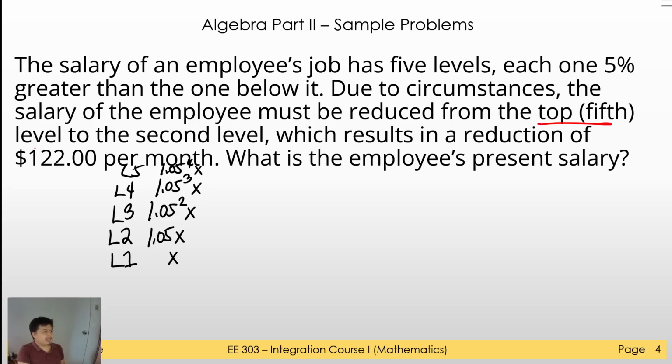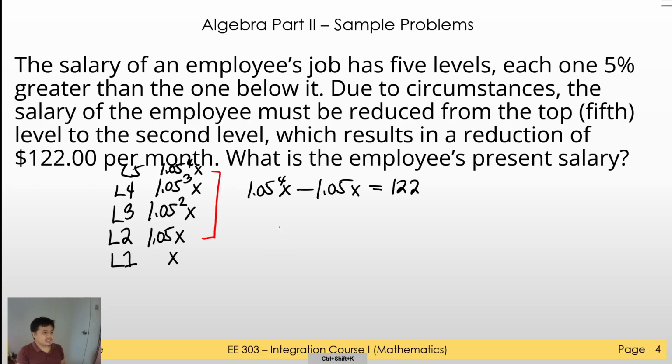The move from the top level to the second level results in a 122 decrease of salary per month. So we can say that the level 5 salary, which is 1.05 to the fourth times x, minus the level 2 salary, will result in a 122 decrease in salary.